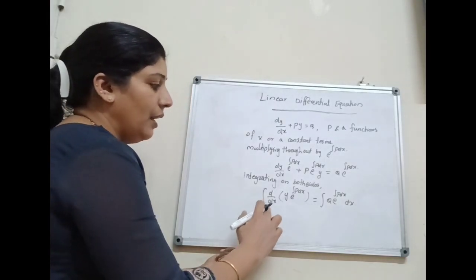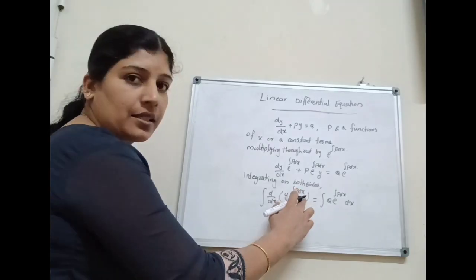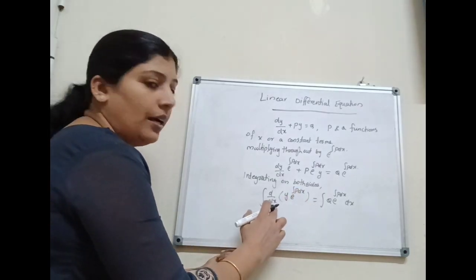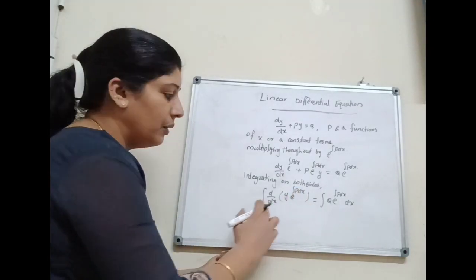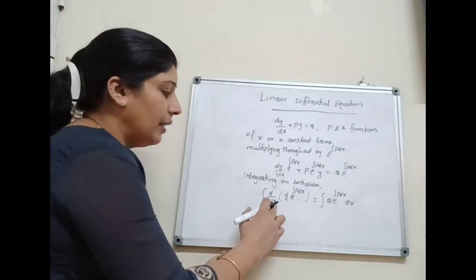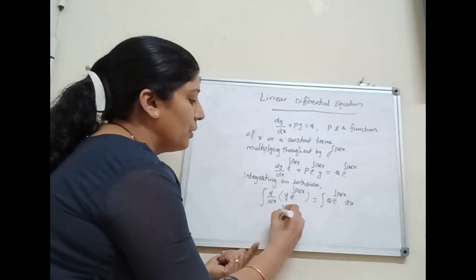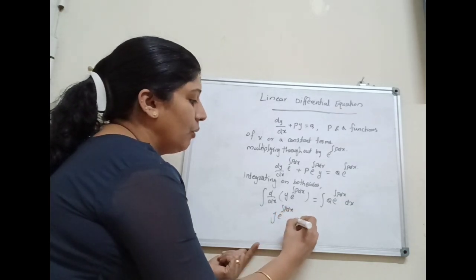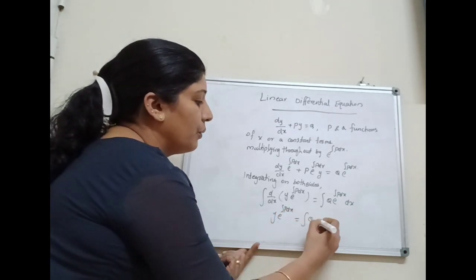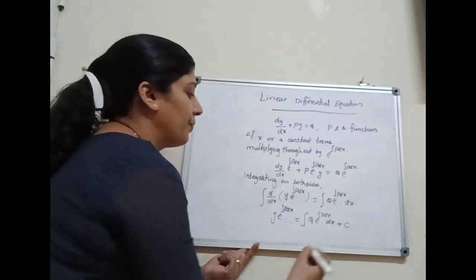Now here integral d by dx of y e raised to integral p dx, both operations, integration and differentiation, appear. Therefore, the result is y e raised to integral p dx equal to integral q e raised to integral p dx dx plus c.